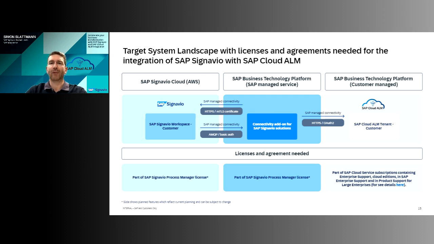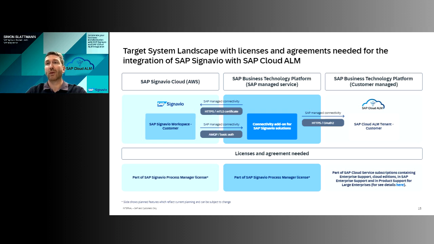The connectivity to your SAP Signavio workspace is maintained via two certificates. One is an MTLS certificate, and the other one is via AMQP. So that's our certificate.